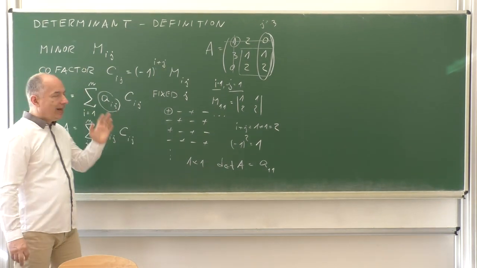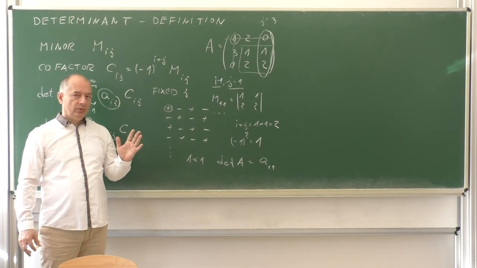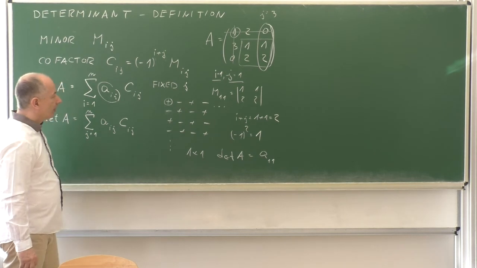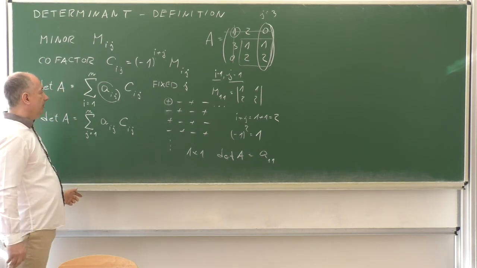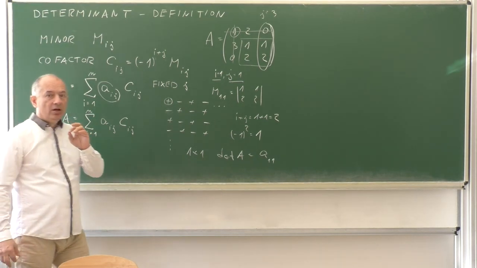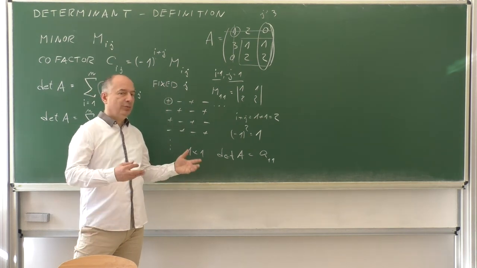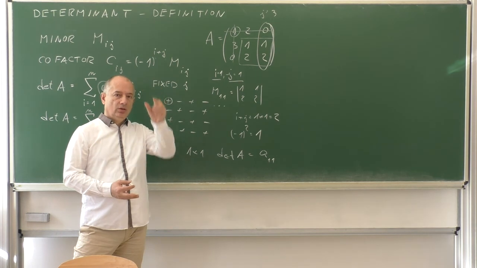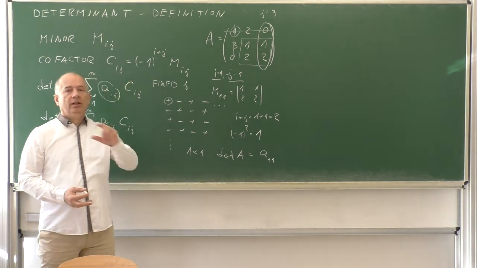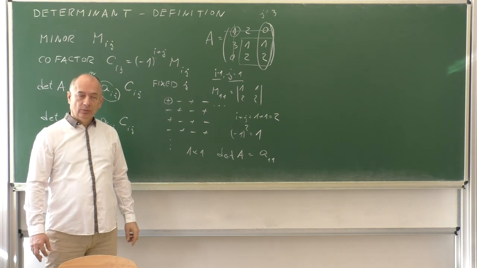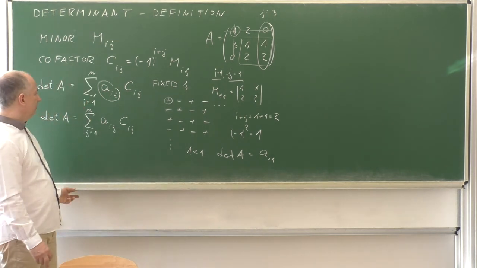We can choose any column. Any one will do, hopefully giving the same result. Or, equivalently, we can choose any row. If we choose a column, we say we expand the determinant along a column. Or, equivalently, we can expand the determinant along a chosen row. Any row will do.